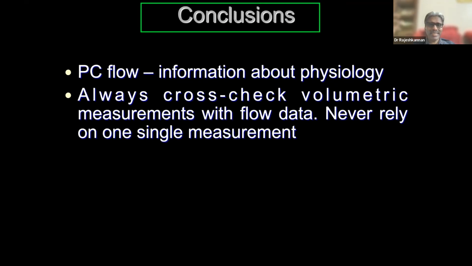You compare, say, the LV stroke volume with the PC flow at the aorta. So for normal cases without any regurgitation or shunt lesions, if you keep cross checking the volumetry with the flow data, then for the pathological conditions it will be very helpful, so that you can consistently get the flow data very accurately.